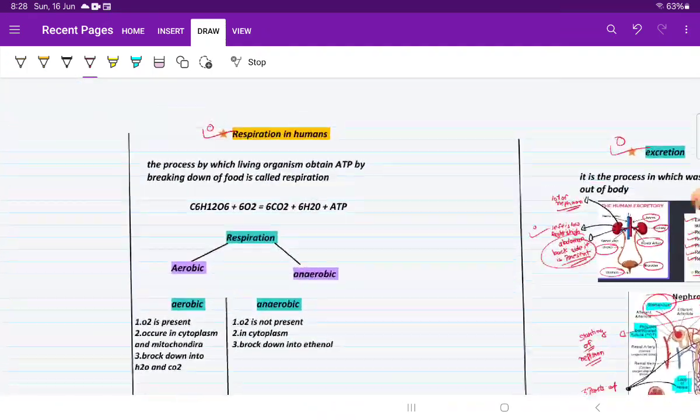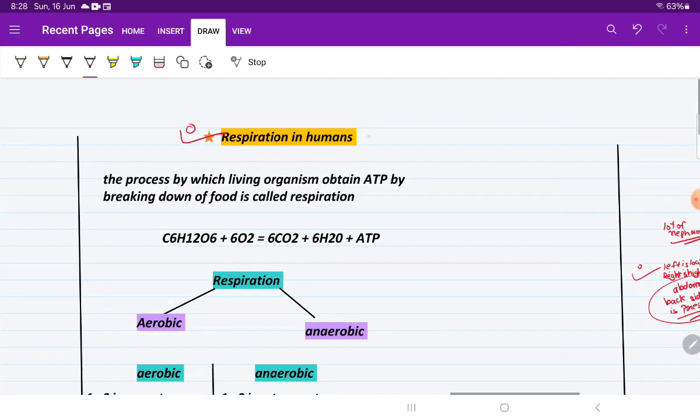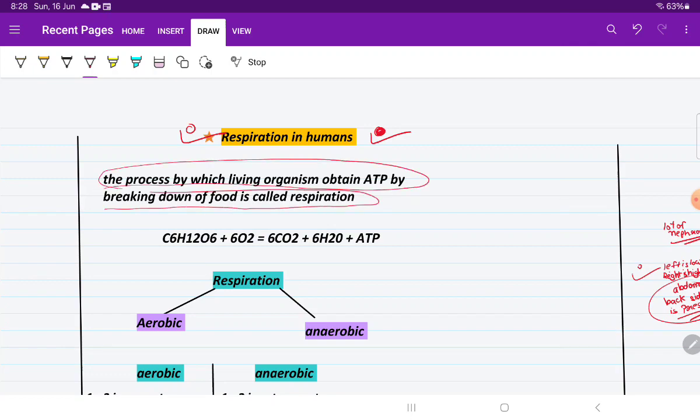Now let's see quickly about the respiration in humans. The process by which the living organism obtains ATP by breaking down of the food is called respiration. First of all, we take food, then it breaks down into the smaller form. In the smaller form we will get energy. This is the small definition.